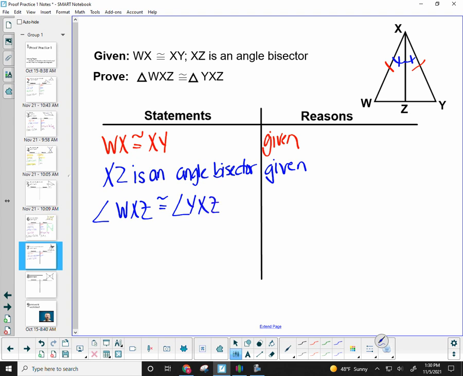Okay, so what gave it away? How did you know that those two were congruent? Because you knew what angle bisector meant, you can make this statement. So anytime it's a vocabulary term that clues you in on what to do, you write definition of, and in our case here, it's an angle bisector.